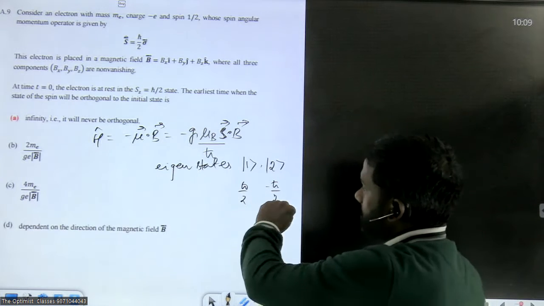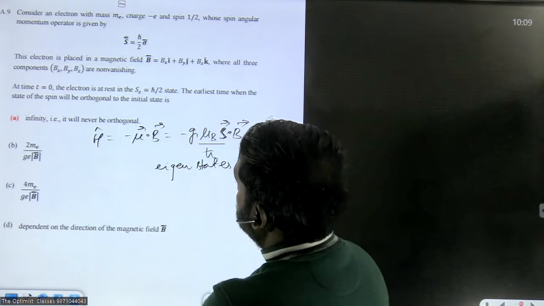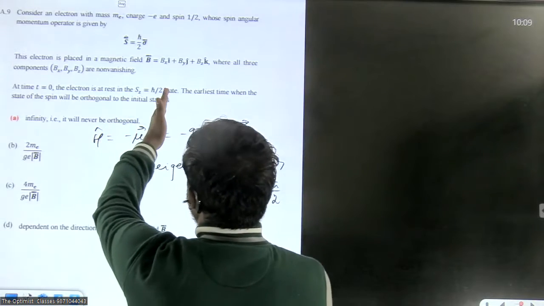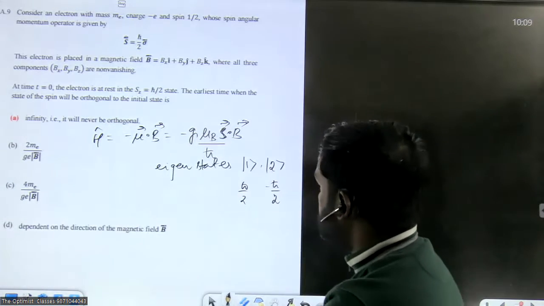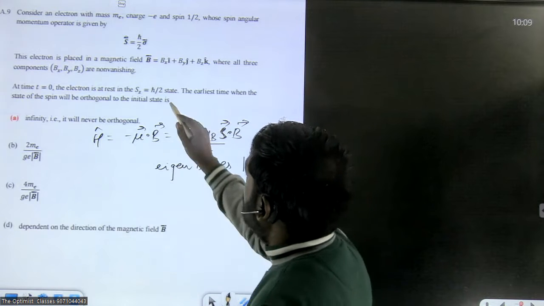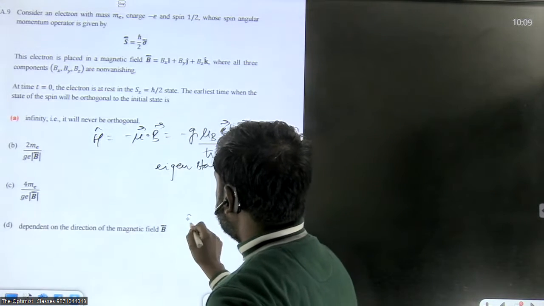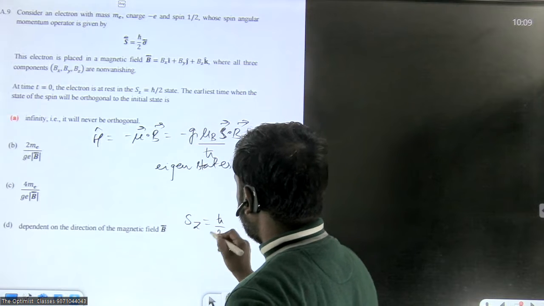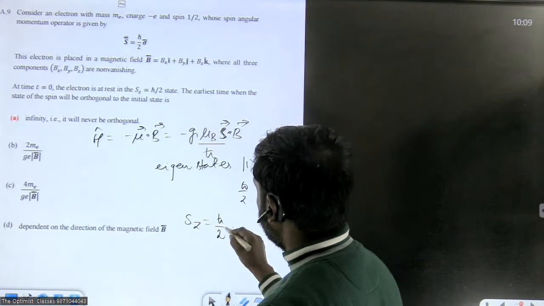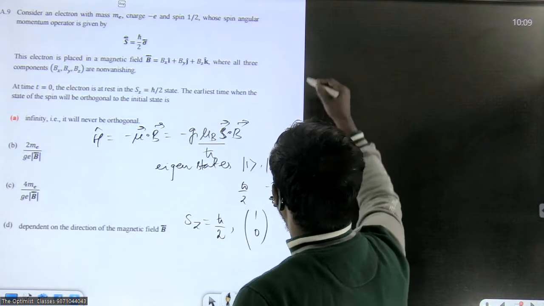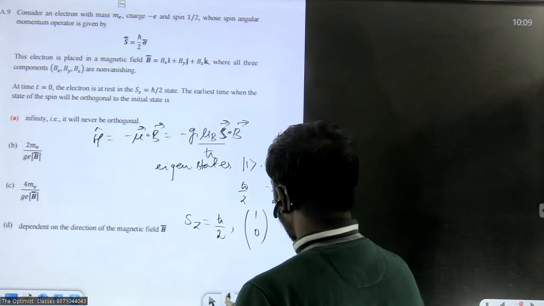So now the question says at time t equal to 0, the electron is at rest in the Sz equal to plus h bar by 2 state. For this state, we represent it by (1, 0).